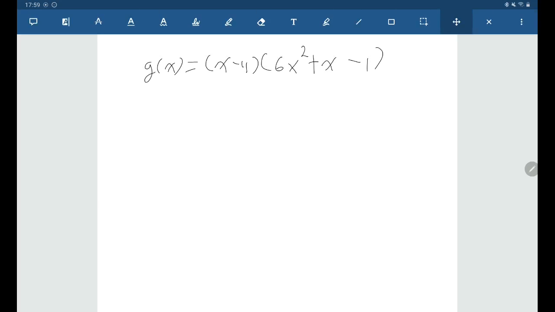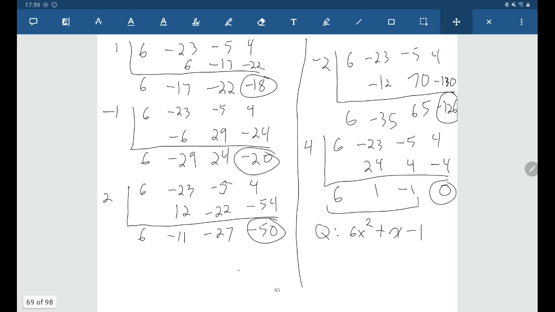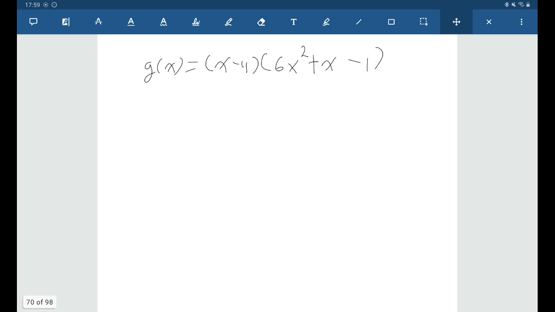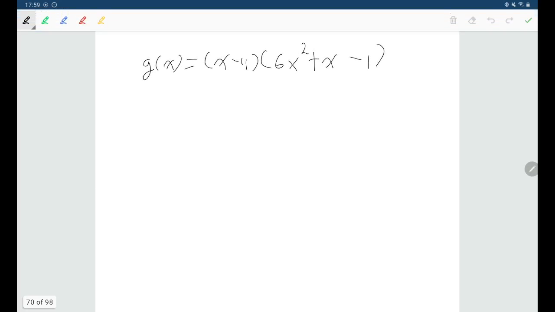And then the only thing left for us to do would be to continue to factor. Just double checking, 6x squared plus x minus 1. Yes, good, awesome. You could use, again, the rational zero theorem if you wanted to. If you're thinking about what are possible rational zeros here, it would be positive or negative 1 over 1, 2, 3, or 6.